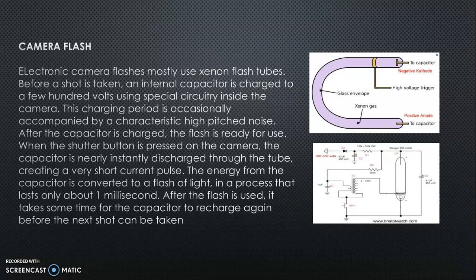For example, of the applications we have the camera flash. Electronic camera flashes mostly use xenon flash tubes. Before a shot is taken, an external capacitor is charged to a few hundred volts using special circuitry inside the camera.